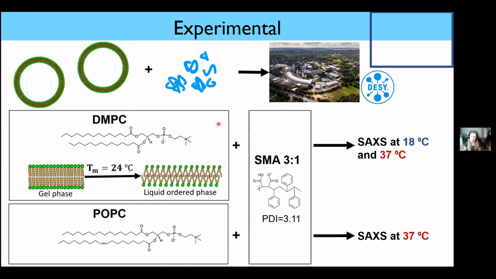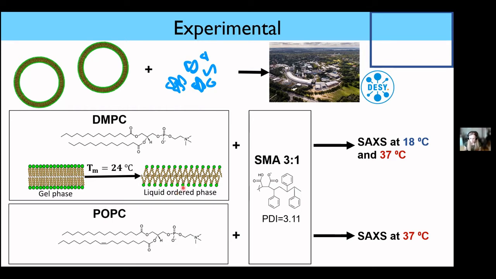For this experiment, we decided, also based on what Marcella had done in previous articles, to use these two lipids: DMPC, because then we could also study the effect of the phase transition, and POPC, which is also unsaturated, so you could study the effect of that, and it is perhaps a more biologically relevant lipid.